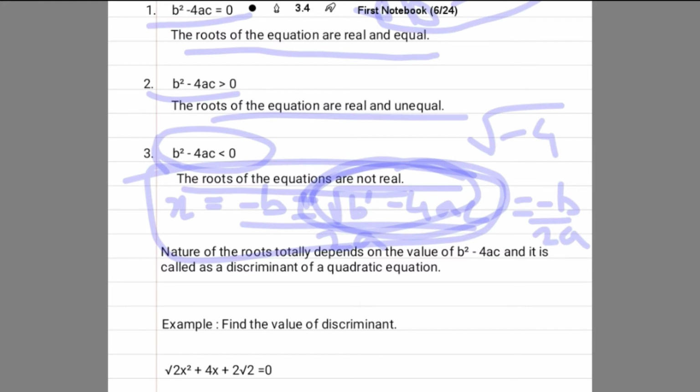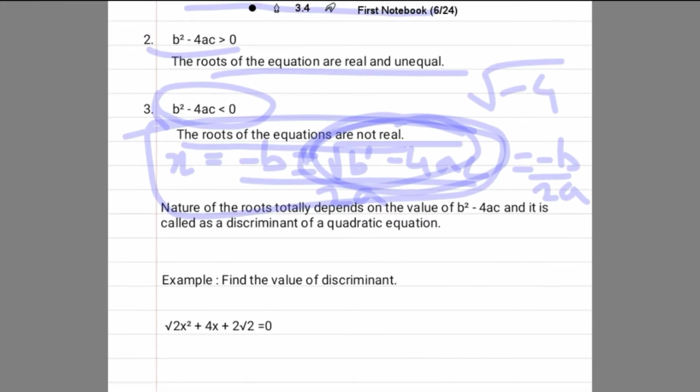The nature of the roots totally depends on the value of b square minus 4ac, as we have seen here, and it is called the discriminant of a quadratic equation. This term, b square minus 4ac, is called the discriminant, and it is denoted by delta, that is this triangle.